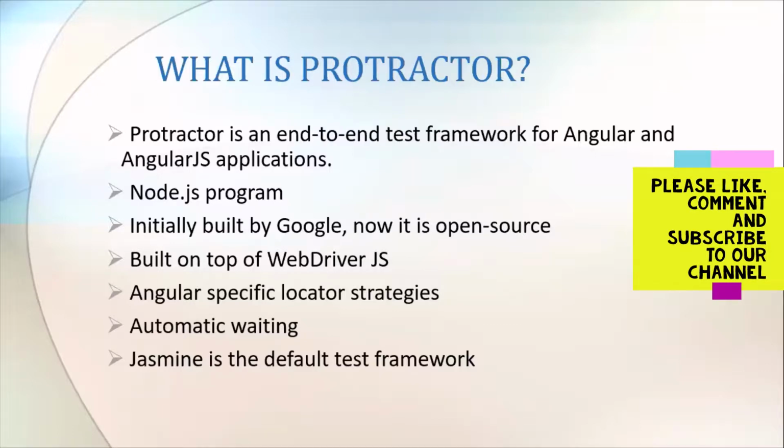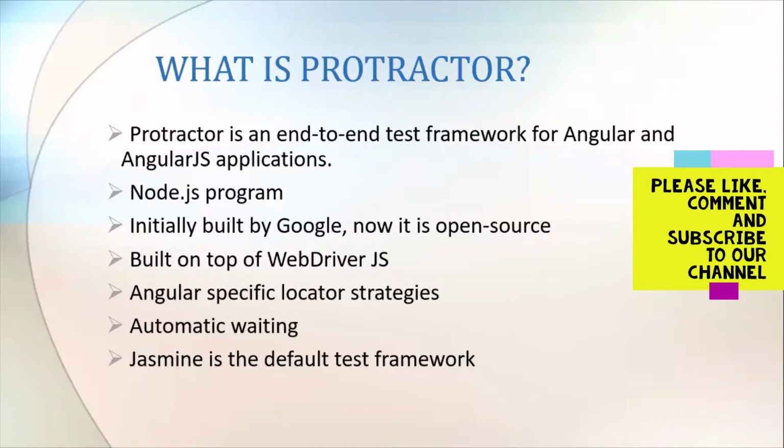So among other frameworks, there is also Cucumber, which is supported by Protractor, but Jasmine is the internal or default test framework which is supported by Protractor, right? So if you want to use Protractor as it is, then you can directly write your test scripts using the Jasmine test framework. Okay, it's pretty similar, but if you want to integrate other frameworks, you can do it as well, right? Like Cucumber, or there are many other frameworks.